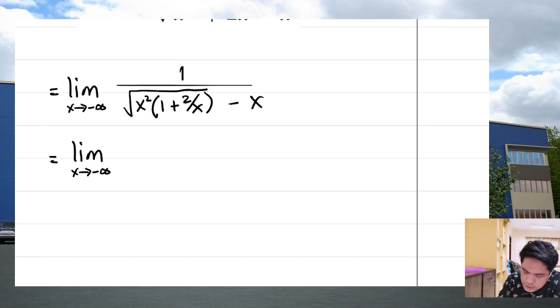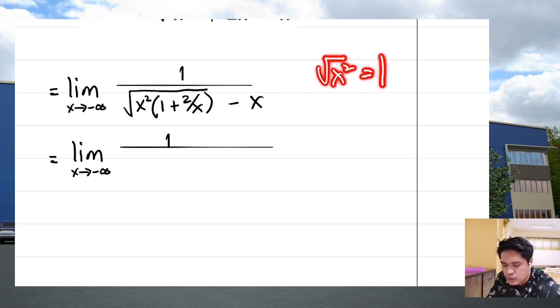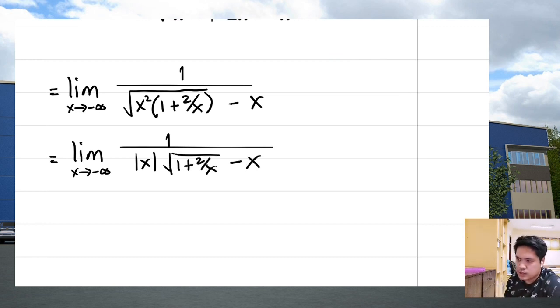So if you recall our discussion on functions, especially absolute values and signum, and one-valued functions, I have mentioned that the square root of x squared is equal to the absolute value of x. So therefore, this is absolute value of x times the square root of 1 plus 2 over x, minus x.